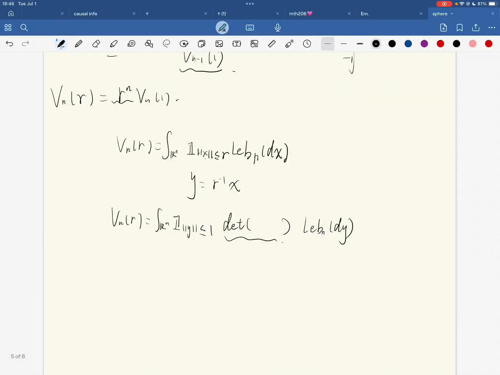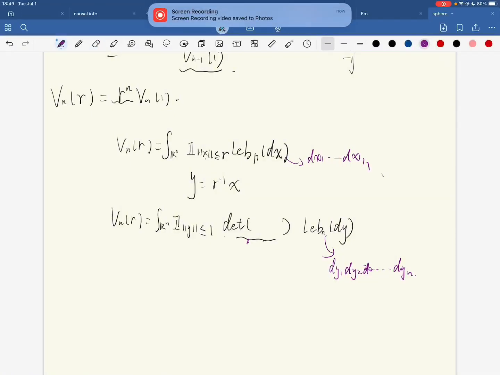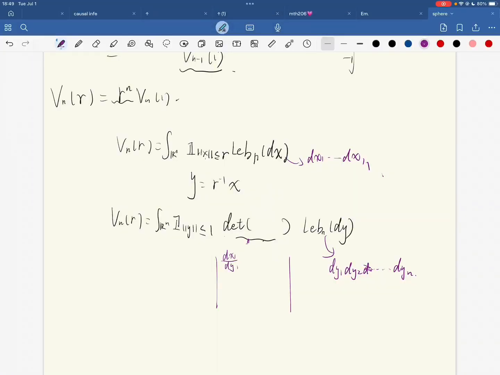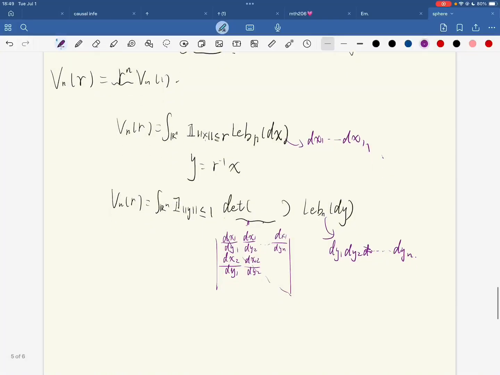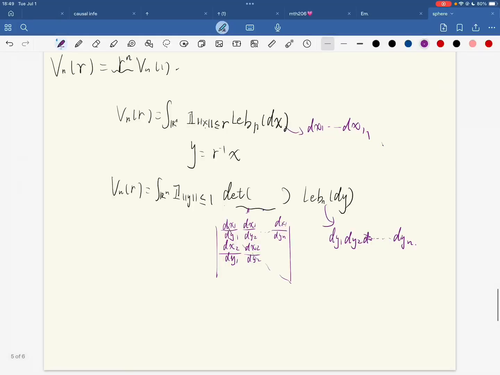Now let's recall our knowledge of the Jacobian matrix. We write the whole form of it like that. This leads to x_1 equals r y_1, x_2 equals r y_2, and so on.